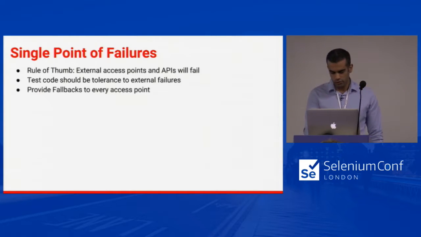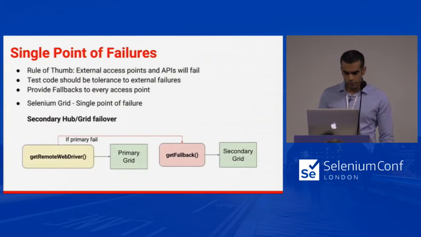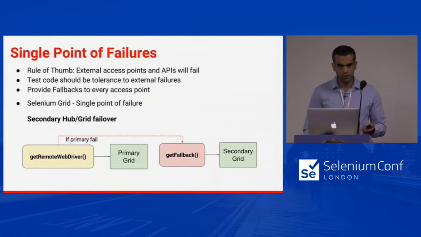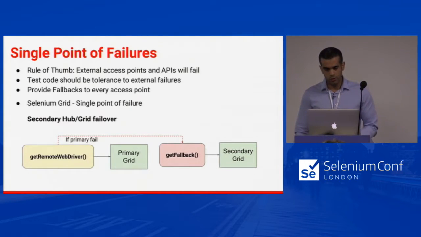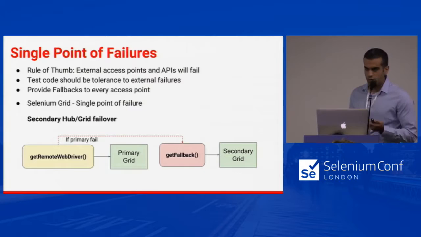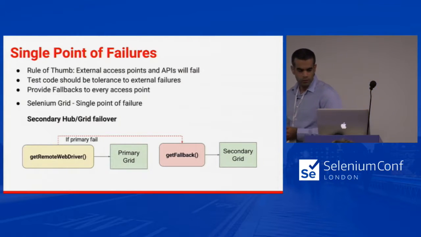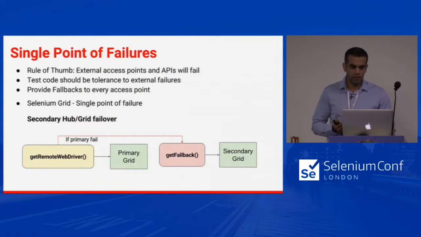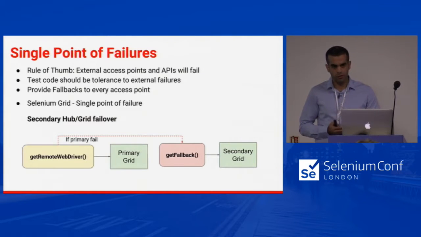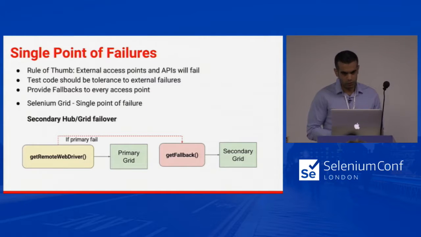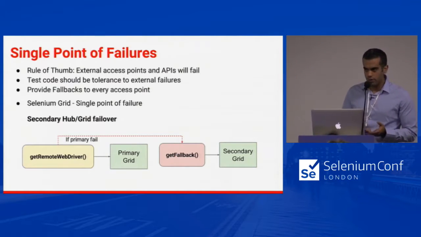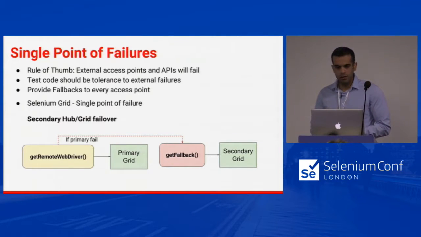To make things more clear, we will take an example, the Selenium grid, which is a great tool for distributing our test sessions across multiple browser types and platforms. But the main issue with Selenium grid is that it can be a single point of failure to our test, which means that if my grid hub is actually down, all my tests will fail.